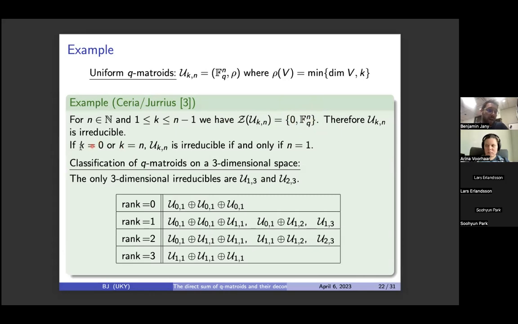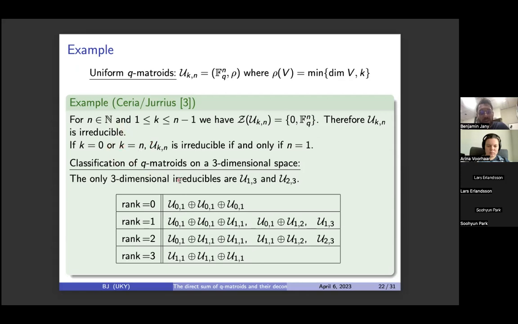And if the rank of those uniform q-matroids is 0 or n, then the uniform q-matroid is irreducible if and only if n equals 1, because otherwise I could always decompose. I either get a loop space or a free q-matroid where all spaces are independent.